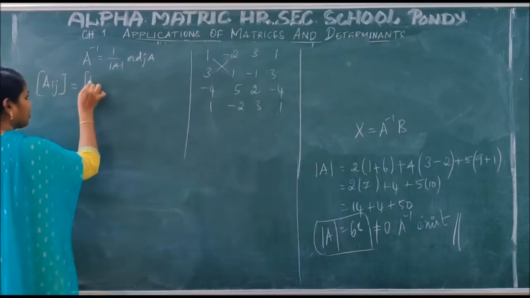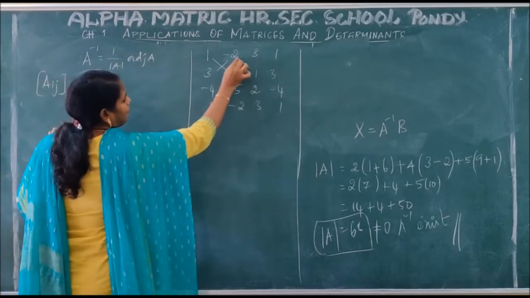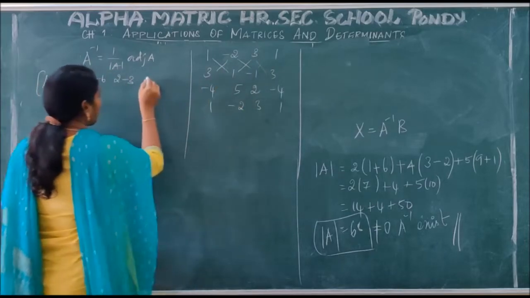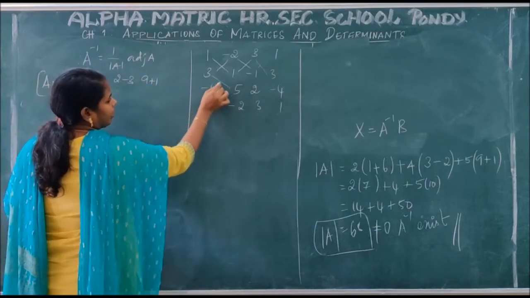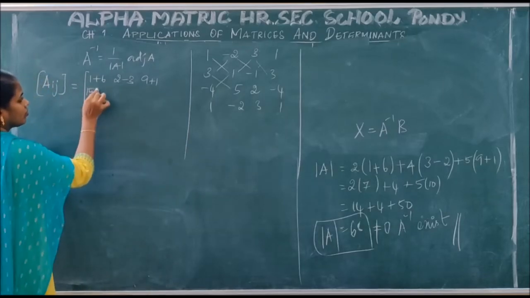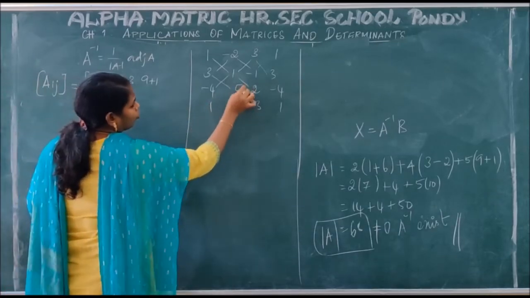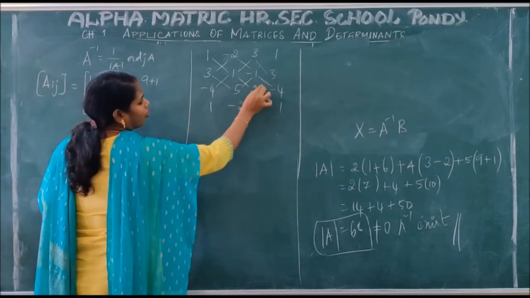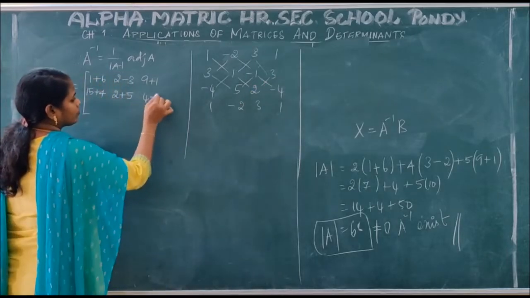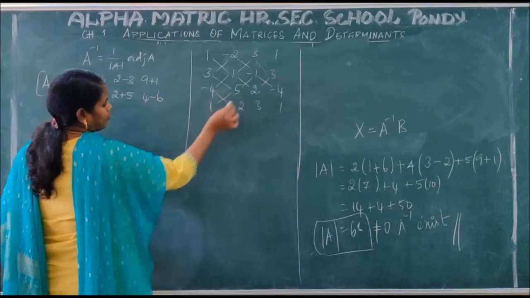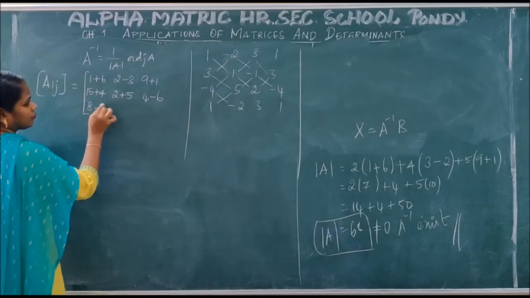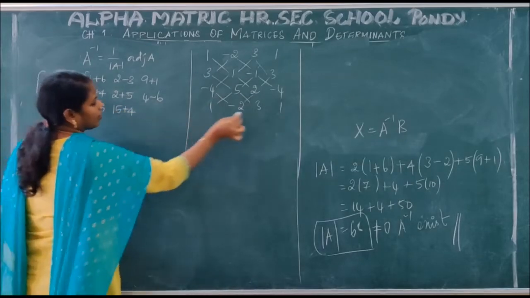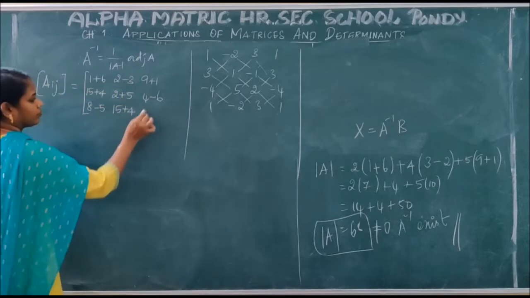1 plus 6, 1 plus 6, 2 minus 3, 9 plus 1, 15 plus 4, 2 plus 5, 4 minus 6, 8 minus 5, 15 plus 4, 2 plus 12.